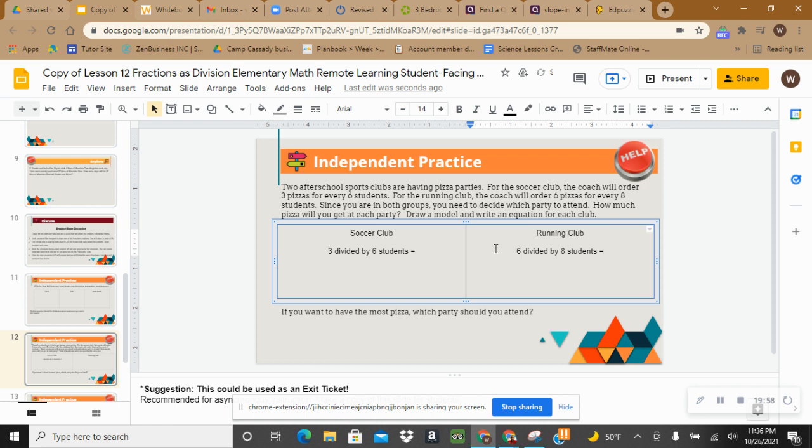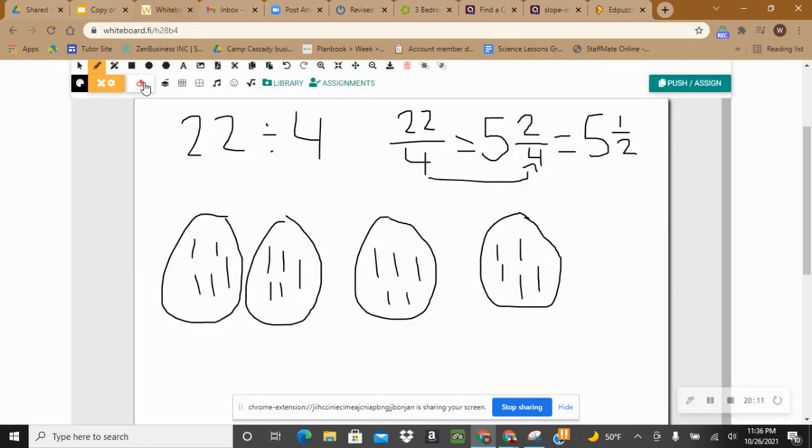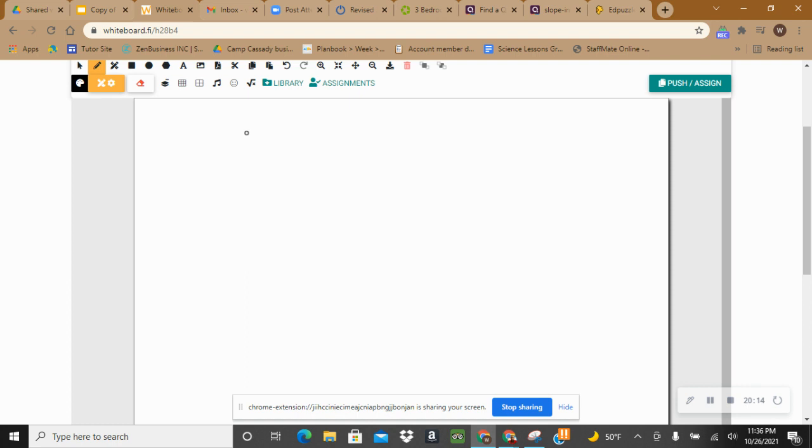So I need to figure out which one of these is going to be bigger, 3/6 or 6/8. All right. Or 3 divided by 6 or 6 divided by 8.